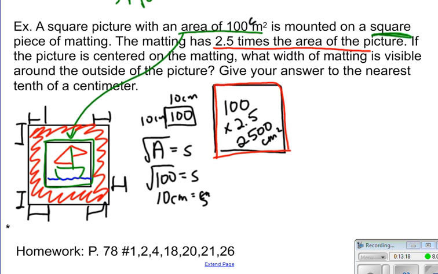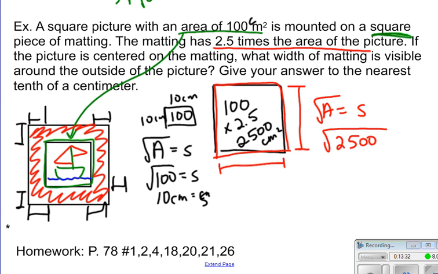We're going to do the same thing for the mat to find out the length of the sides of the mat. And so again, area, take the square root of the area, we'll find the side. So square root of 2,500 centimeters squared. And when we square root 2,500 centimeters, oh, I just put too many zeros. My bad. That should be 250 centimeters. That was better.